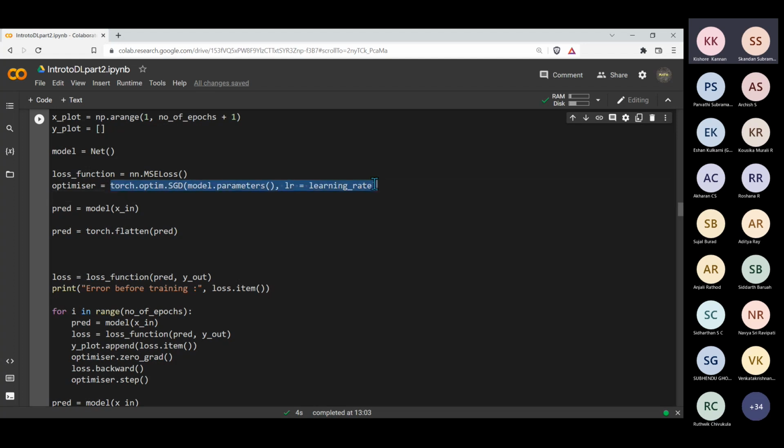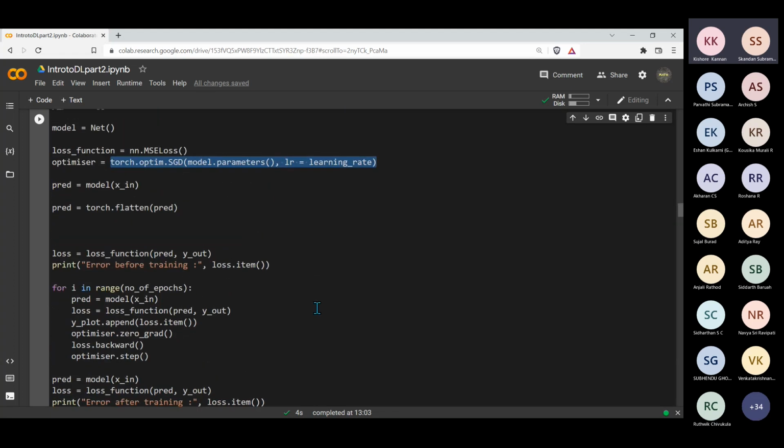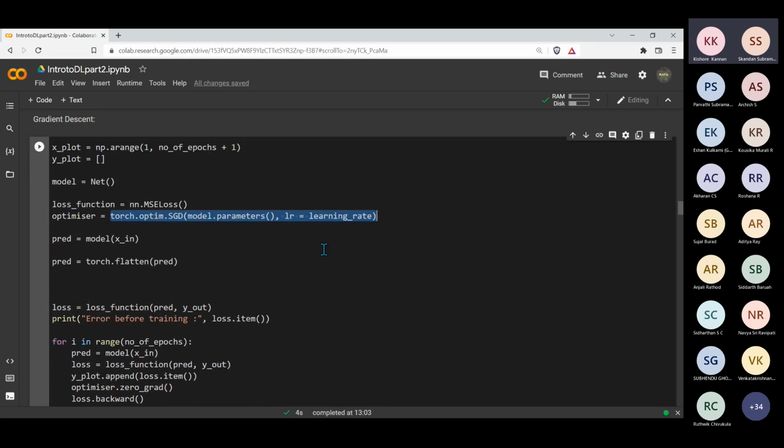Basically in all the optimization algorithms, the major part of the code is the same. We have the same neural network, and then we do the same forward propagation and backward propagation. The only difference is going to be the optimization algorithm which we are going to use. So this syntax is the only one that's different.